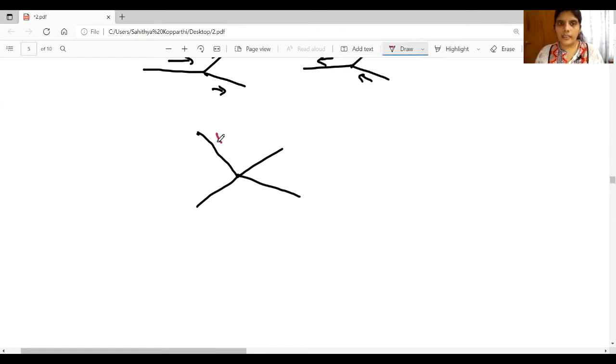Let the current through this wire be IA, this one IB, this one IC, and this one ID.